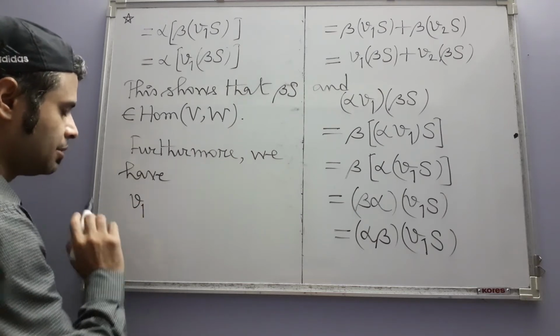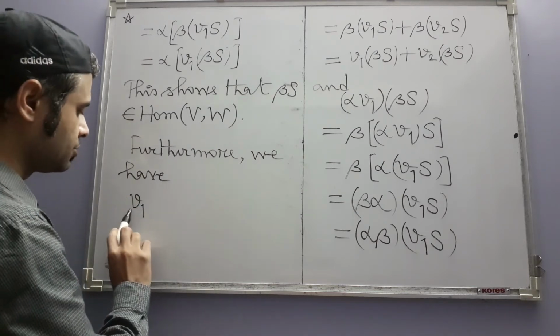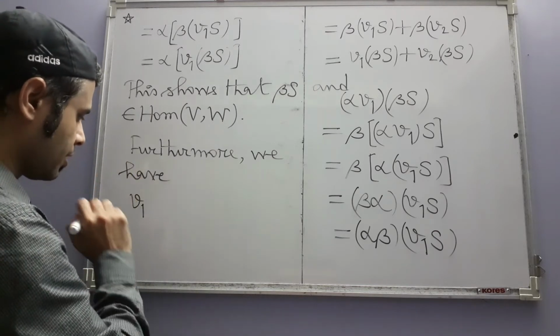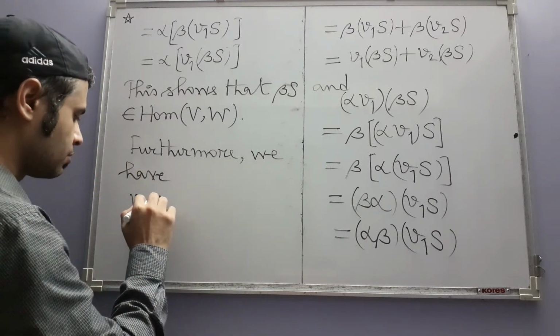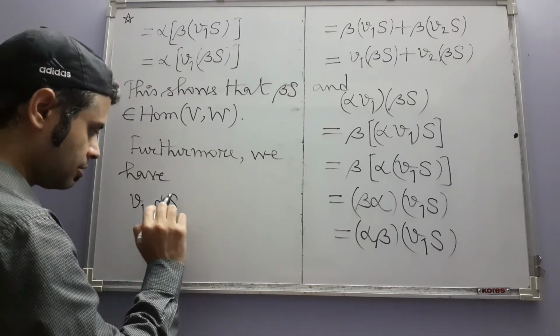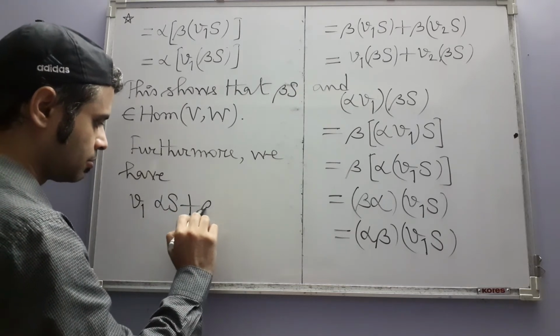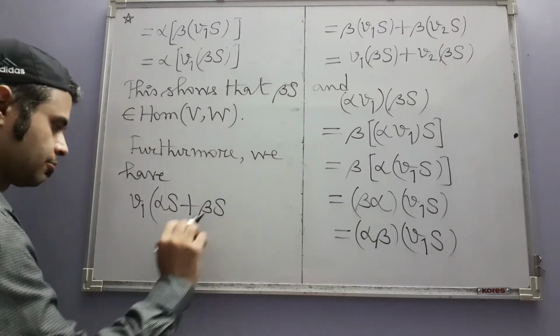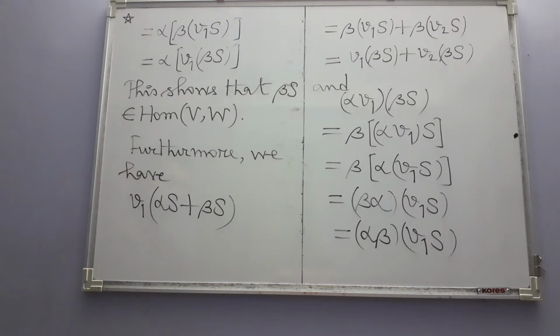Our arbitrary vector from capital V we are going to keep as V1. Now alpha S plus beta S. We are keeping S fixed.